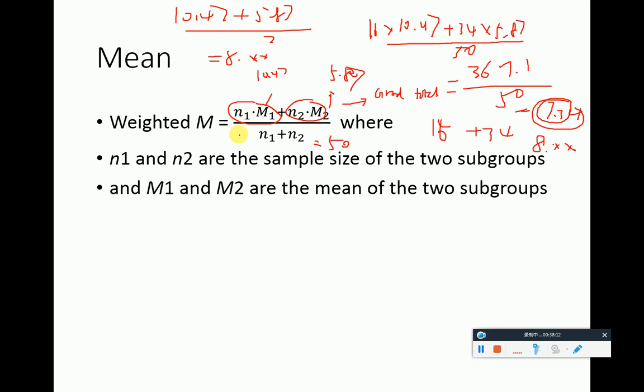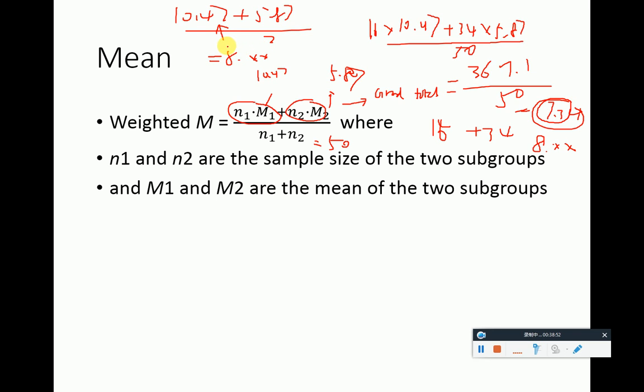And that makes sense because southern states have fewer cases, 16 compared to 34 northern states. At the same time, they have larger means than the average murder rate for northern states. So a small sample size with a large mean will create a bias. The average computed using that kind of formula will be biased towards the subgroup that has fewer cases and larger means.